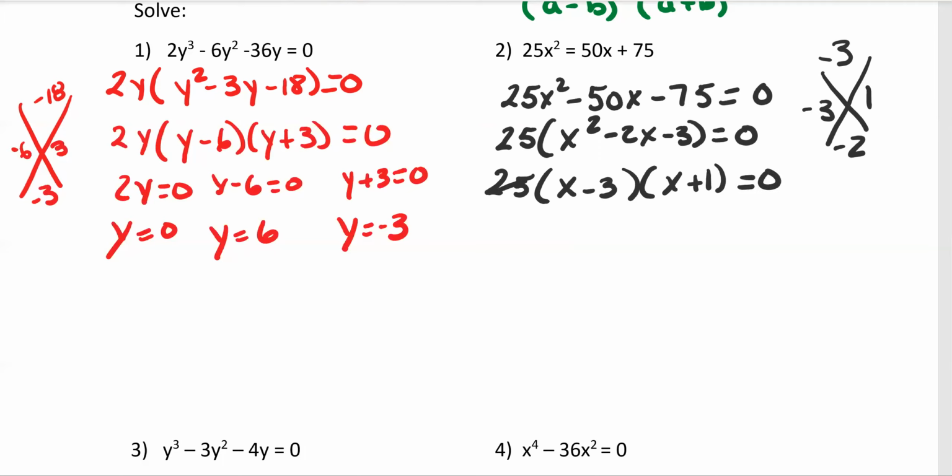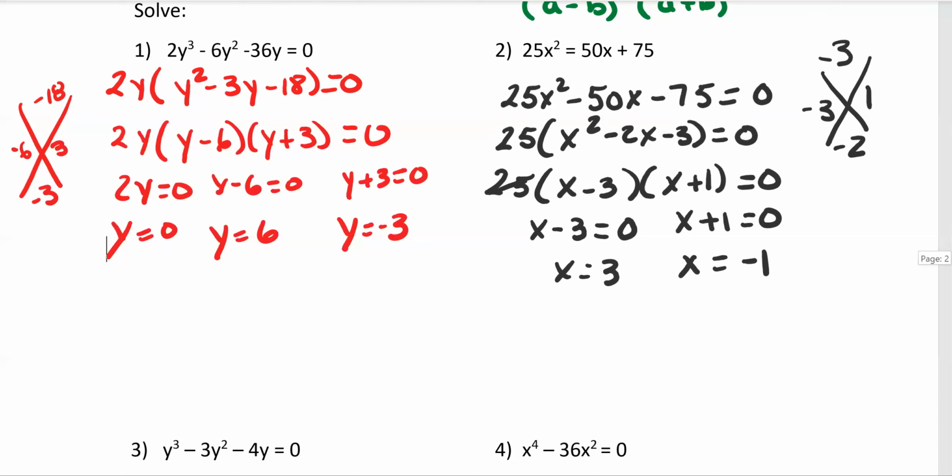And we can divide both sides by 25. Not going to change our equation. It's still going to be equal to 0. Add 3 to both sides and subtract 1 from both sides. Again, you can take your answers, take 3, substitute in the original equation for x, and both sides should be equal. And the same with negative 1.